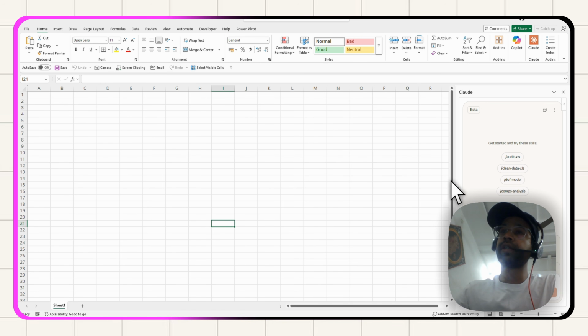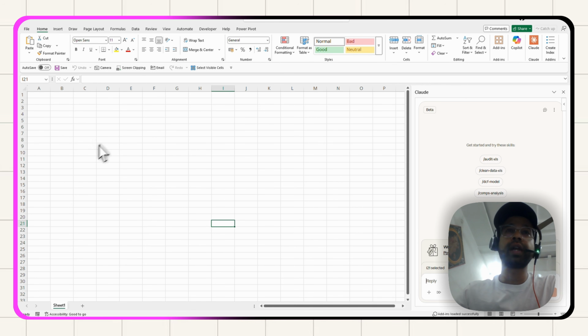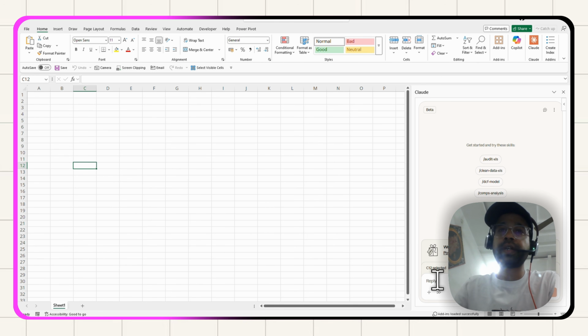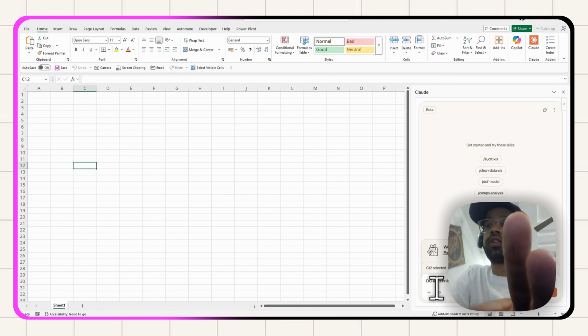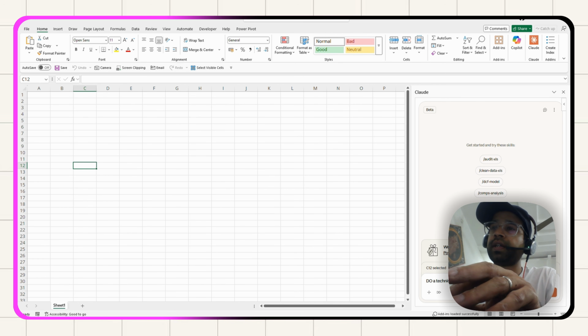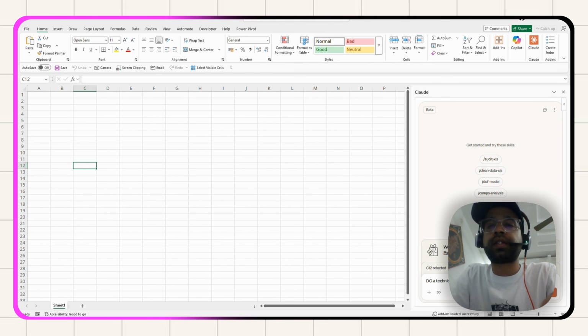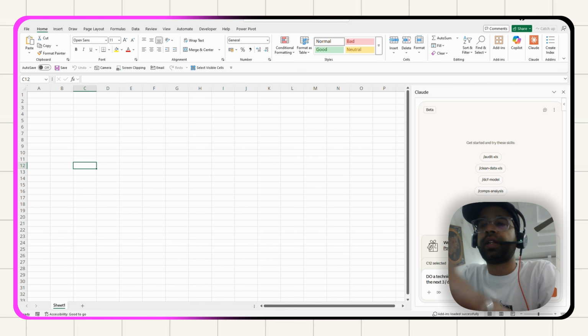So what I'm going to do right now is expand this area, and we have no data whatsoever here. In fact, if you have some data about your own tricks and all that, you can place it here, but I'm just going to begin with this so that anybody can follow along and do this. So I'm going to say, okay, do a technical and fundamental analysis of XAUUSD, that is spot gold, and where it will move in the next 3/6/9 months.